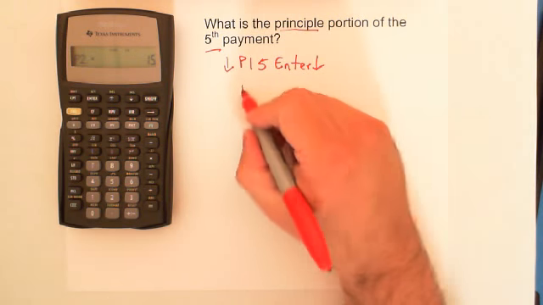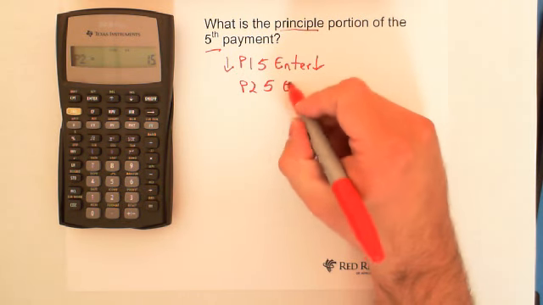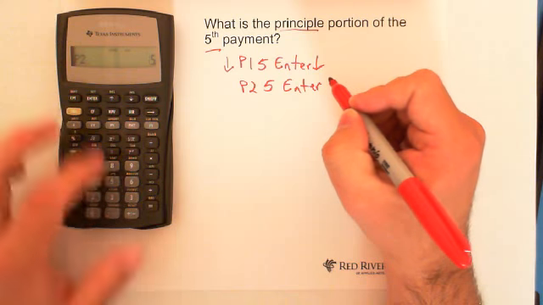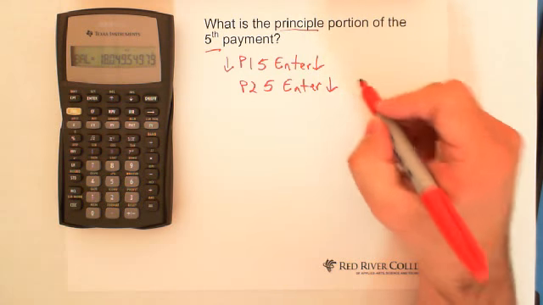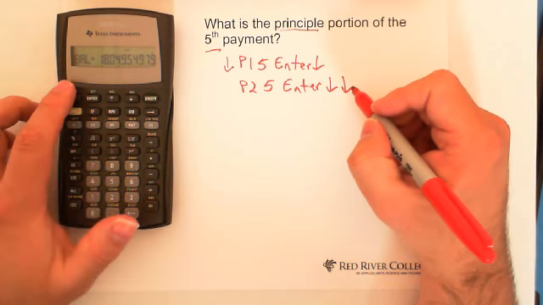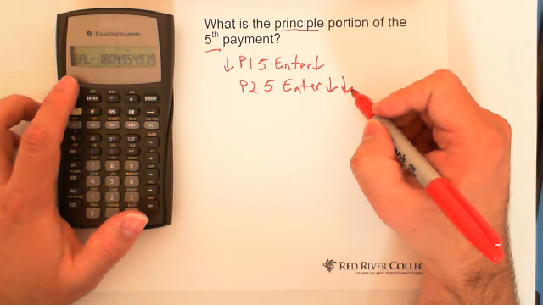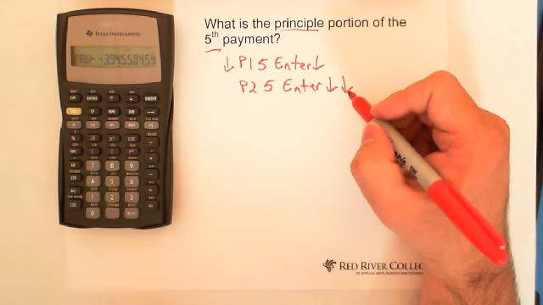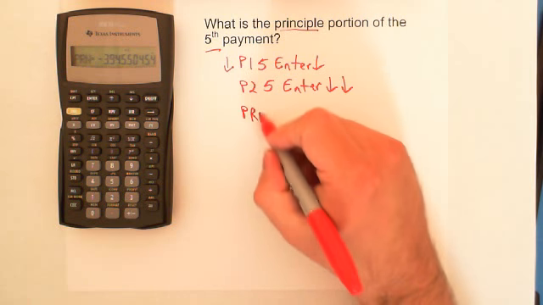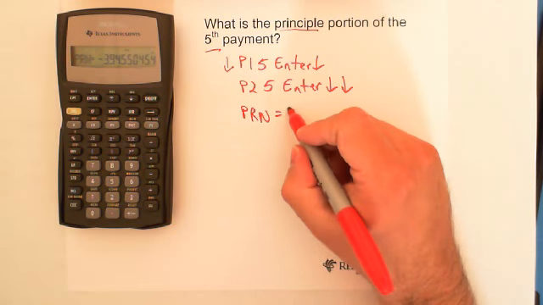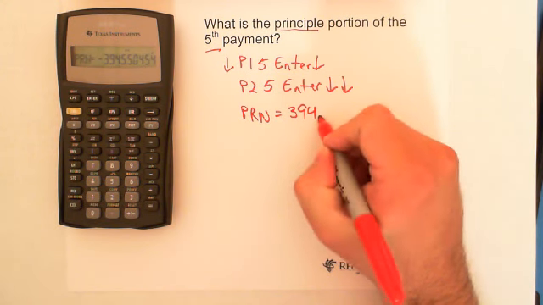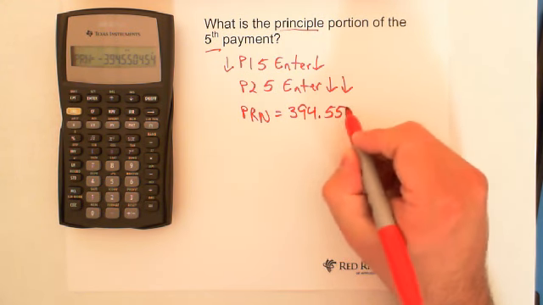And then for P2, we're also going to type in 5, enter. And then we're going to push the down arrow twice, because remember, this is the balance after the fifth payment. So this is how much is still remaining of the debt, but we want the principal portion. So the principal portion is $394.55.